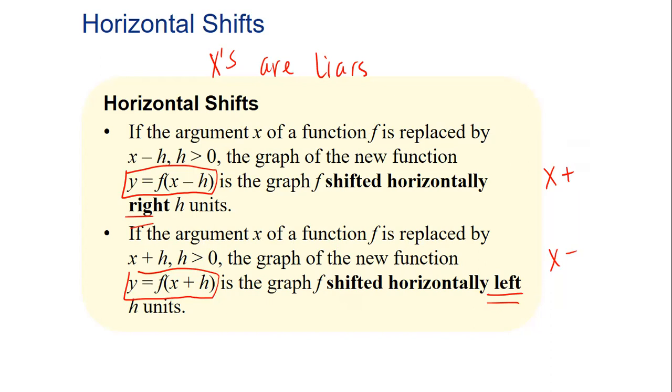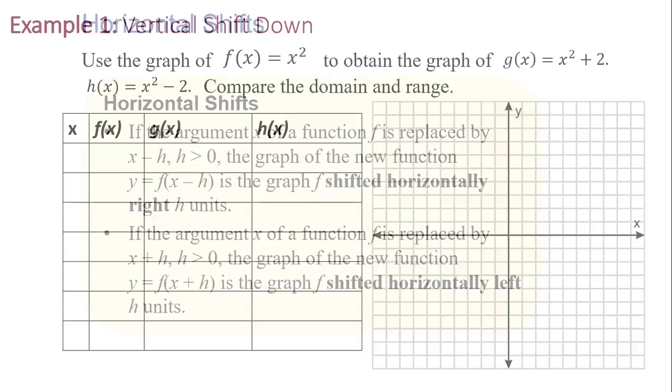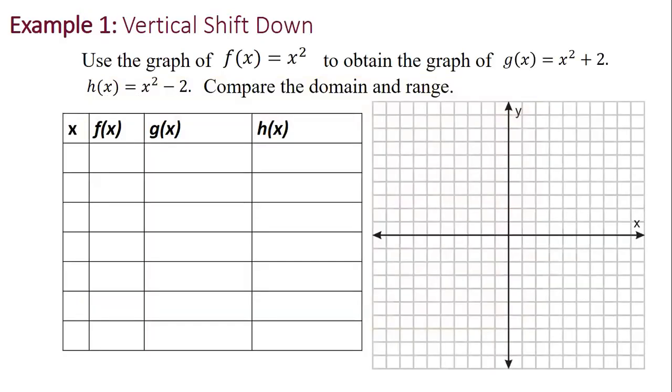No. When it says X minus H, it actually went to the right. When it says X plus H, it actually wants your function to go to the left. Your X's are liars. All right, are you ready for some examples? We're going to look at it from a table perspective and from a graphic perspective.